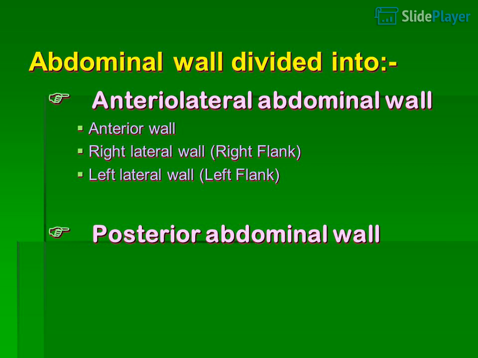The abdominal wall is divided into anterolateral abdominal wall, anterior wall, right lateral wall, right flank, left lateral wall, left flank, and posterior abdominal wall.